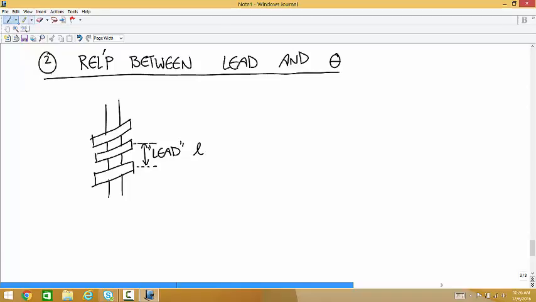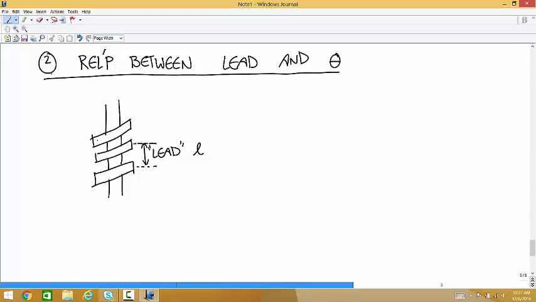You hear the term pitch more often, and pitch and lead mean the same thing as long as, if you imagine an ant walking around this thread, the ant would end up directly above itself once it had gone far enough. Then the lead and the pitch are the same thing.